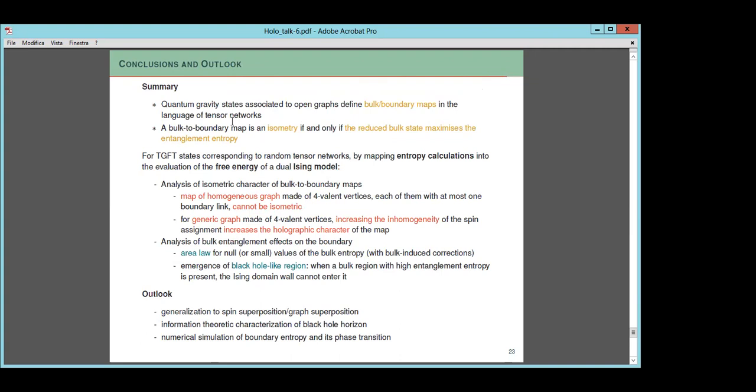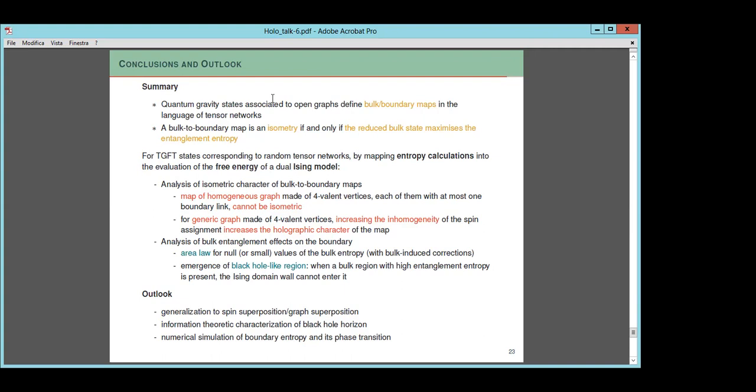First of all, that every state associated to a spin network graph can be seen as a map from the bulk to the boundary degrees of freedom, and that we can investigate the isometric character of this bulk to boundary map and translate the condition of isometry to that of having a reduction to the bulk which maximizes the entropy.